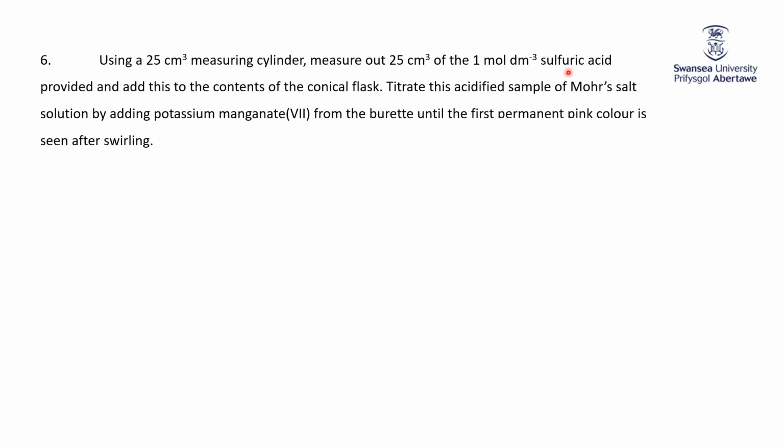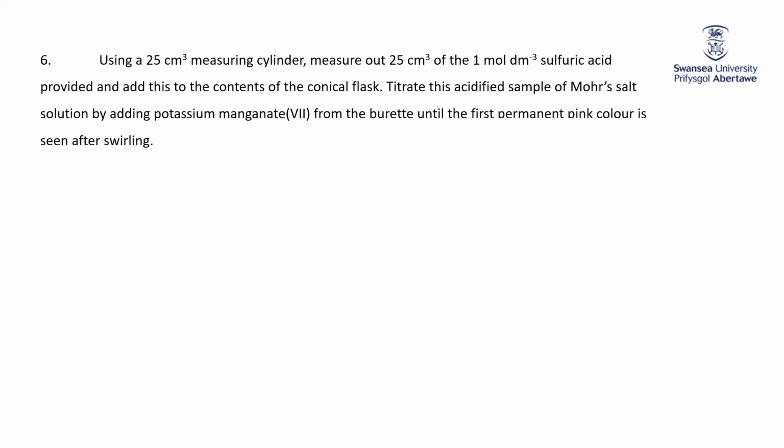Well, the difference is that the sulfuric acid is just there to make it an acidic environment. 24, 26 cubic centimeters, who really cares? On the other hand, the Mohr's salt solution contained one of the important reactants in the reaction, the Fe2+. If I'm going to do any kind of calculations, I need to know as precisely as possible how much of the reactants I'm using.